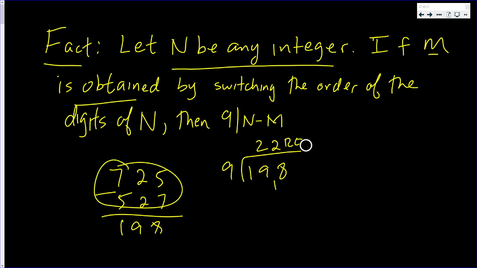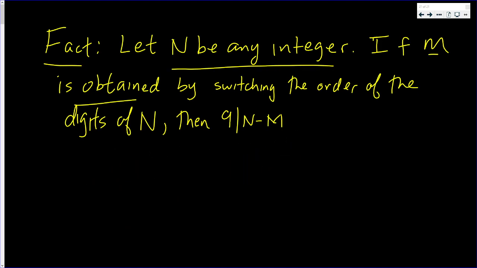Okay. Now, before we get into the proof, there's a couple of things we need to get out of the way. 10 is congruent to 1 modulo 9. So if I multiply these two numbers, say by 10, I get 10 squared is congruent to 10 mod 9.